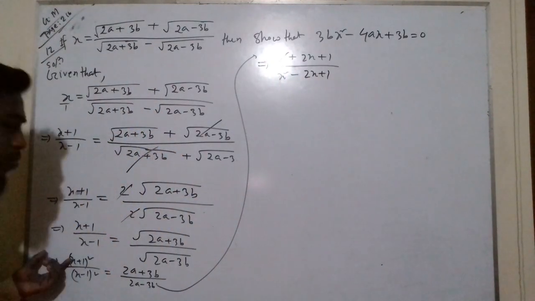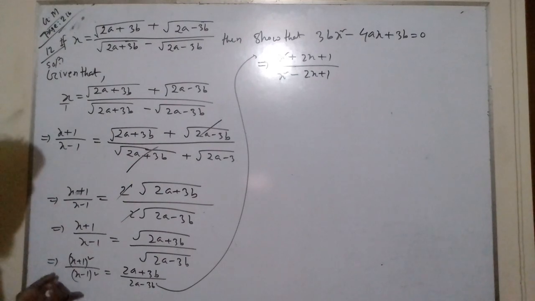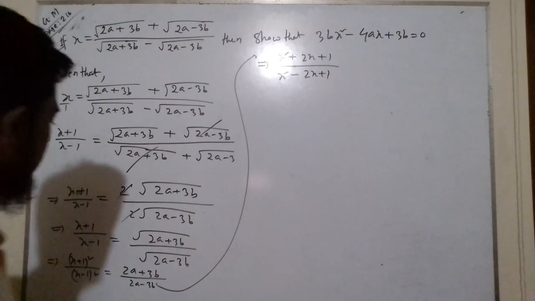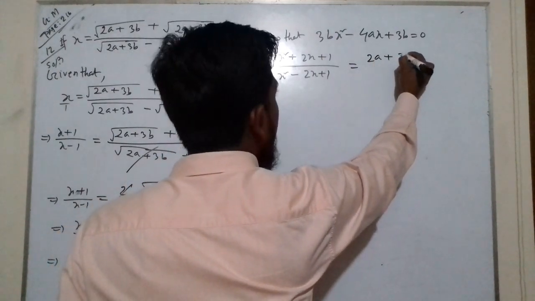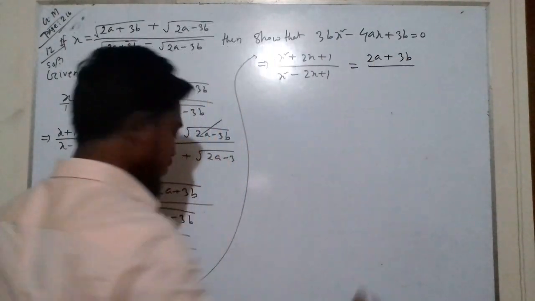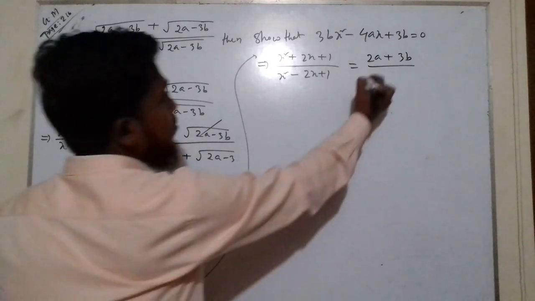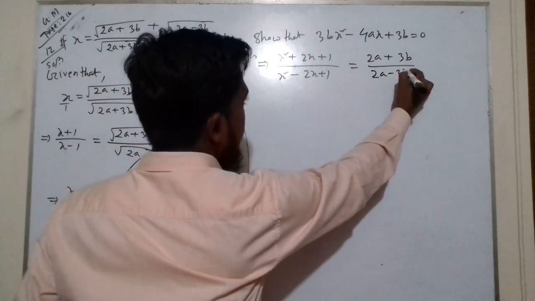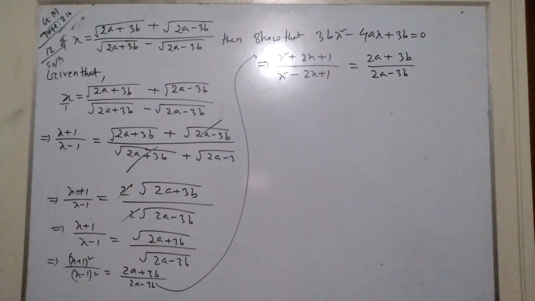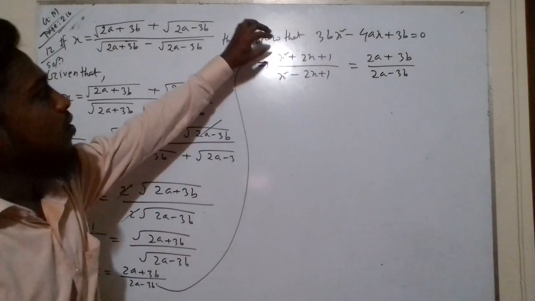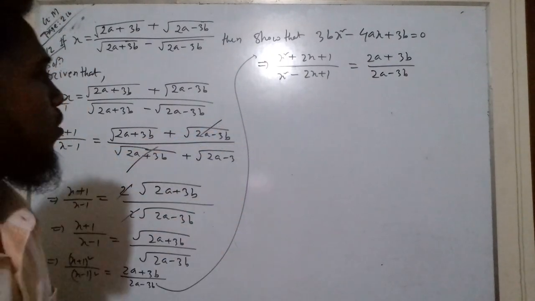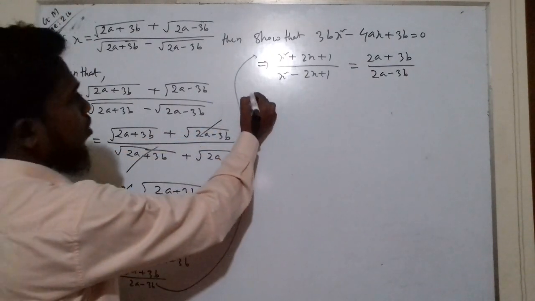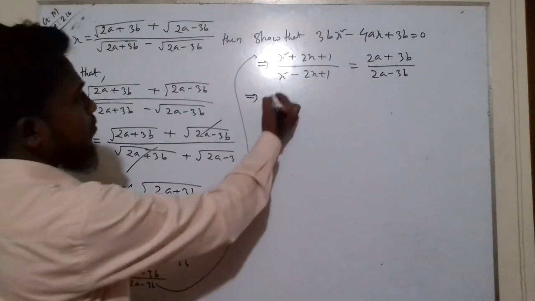This is the formula of a plus b whole square divided by a minus b whole square, and this equals 2a plus 3b divided by 2a minus 3b. Okay, now these are the same terms but with opposite sign. So again we apply the formula of componendo and dividendo.